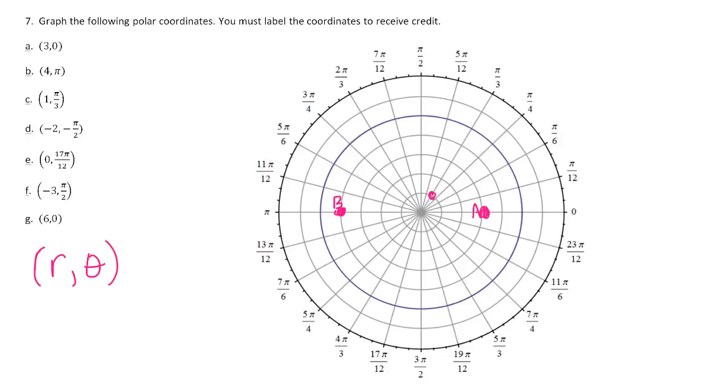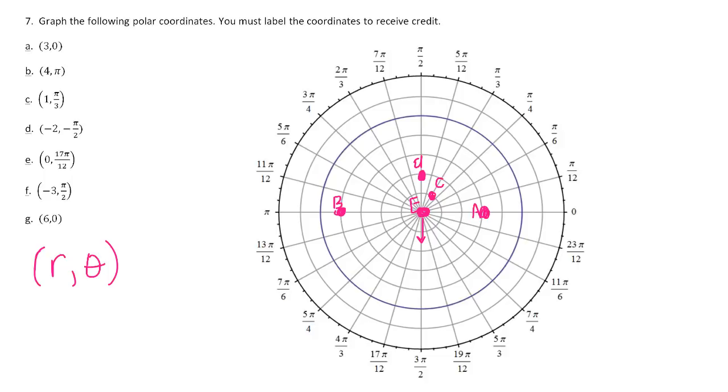So again, that's going to be C. And now D is a little tricky because we know negative pi over 2 is toward 3 pi over 2, but then we have a negative radius of 2, so really that's going to throw us back up here, and so that's going to be our point D. And on E, our radius is 0, so that means we're not going anywhere, so we're still stuck at what we call the pole, and so that's going to be letter E.